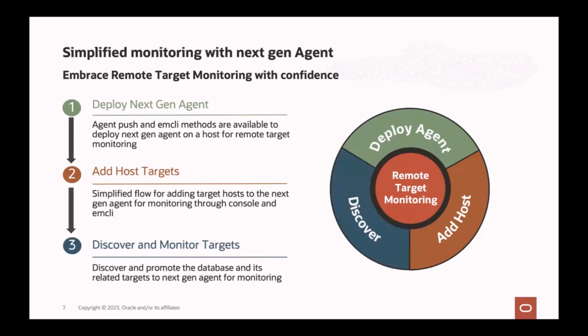Finally, we have the discovery of remote targets such as databases through the next-gen agent. This discovery process allows us to identify and gather information about the remote targets. Once discovered, we can promote these targets for target monitoring. This ensures that the next-gen agent effectively monitors and manages the remote targets.